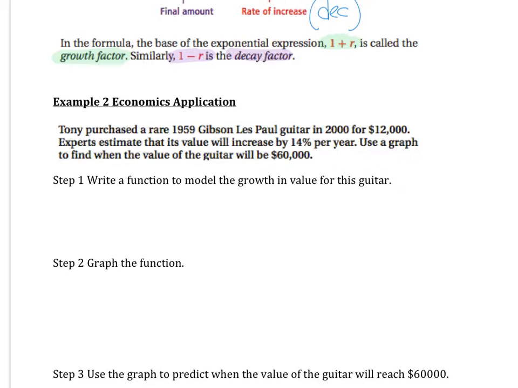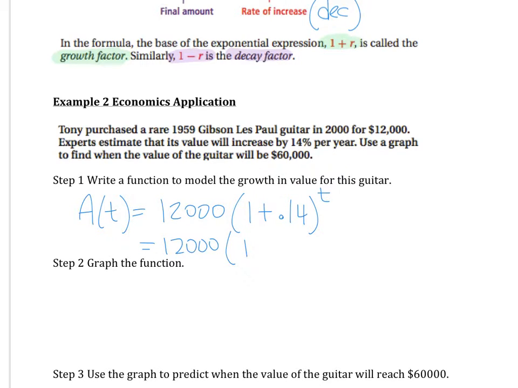So let's model the growth for this guitar. It starts out at an initial amount of 12,000. It's increasing by 14%, so it's plus, and to the t power. Simplified, it would be 12,000 times 1.14 to the t.